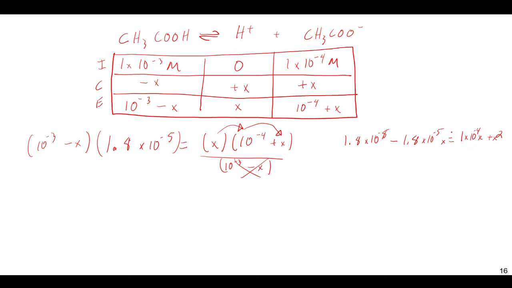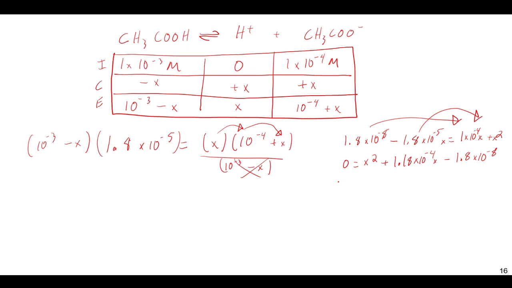If we want this in quadratic notation, we want 0 on one side. So we can collect everything over to this side and come up with the following: 0 is x squared plus 1.18 times 10 to the negative 4 x minus 1.8 times 10 to the negative 8.